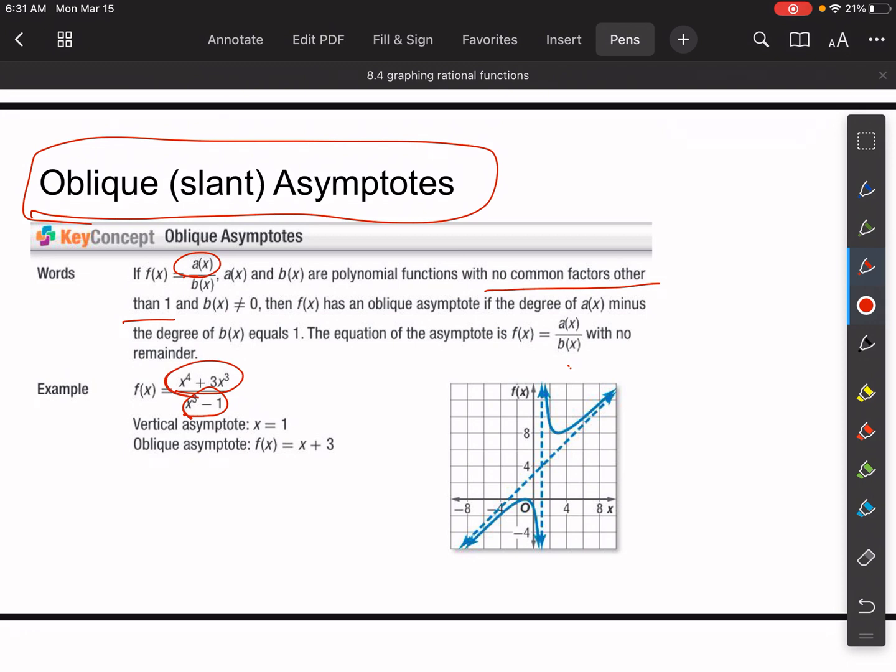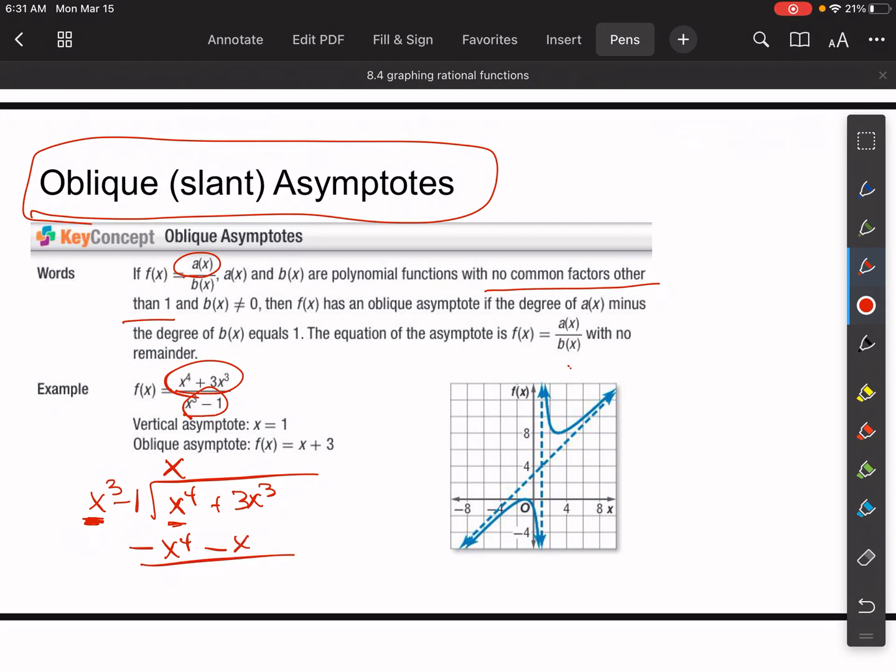So notice what happens here when I try to do that. So if I have x to the third minus 1, okay, and take that into x to the fourth plus 3x to the third, this is just a reminder, how many times does x to the third go into x to the fourth? That would just be x times. And then if I multiply that out, I get x to the fourth minus x.